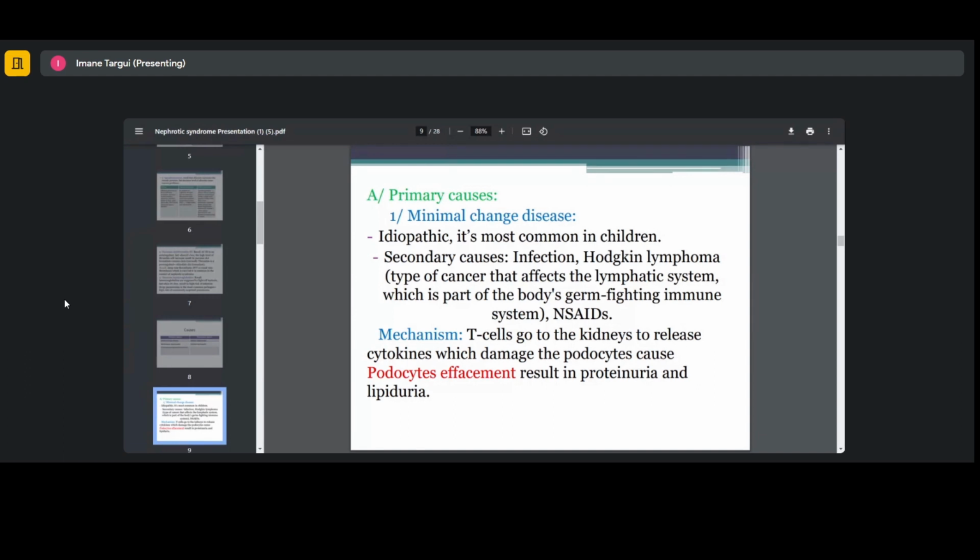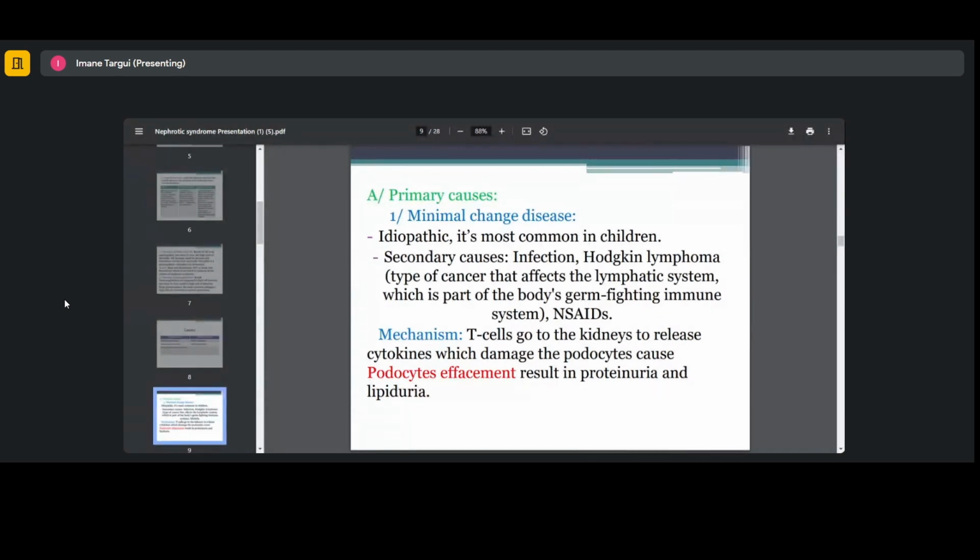Primary causes: we have minimal change disease. It's idiopathic. We don't know the cause, it's like congenital. It's most common in children. Secondary causes: infection, Hodgkin lymphoma, which is a type of cancer that affects the lymphatic system, part of the body's germ-fighting immune system, or non-steroidal anti-inflammatory drugs.